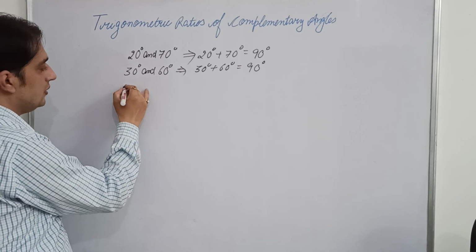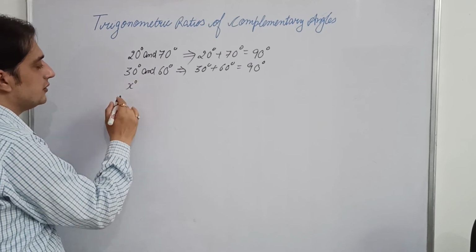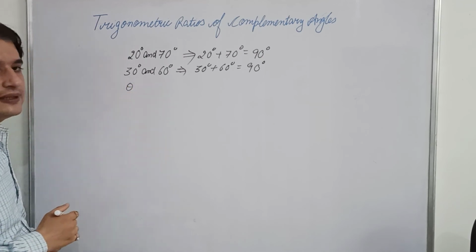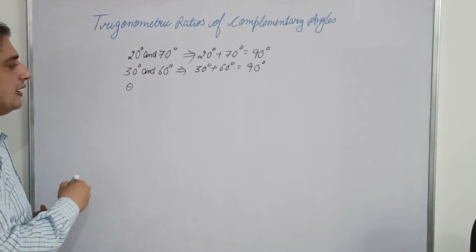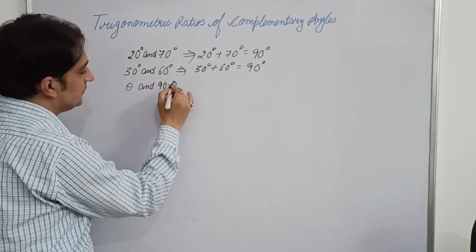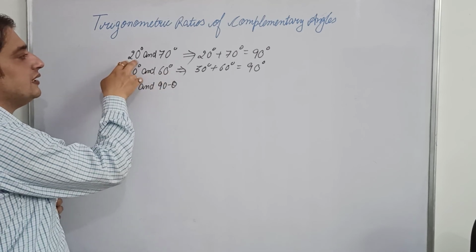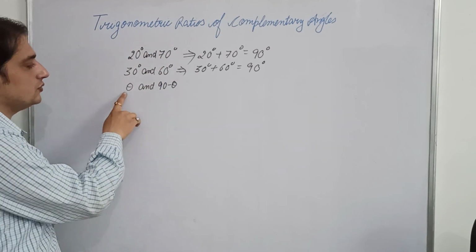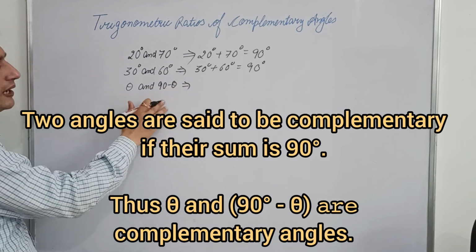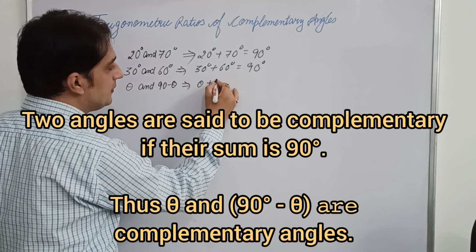If I take any variable, that is x degree, or you can write theta. If I write one angle theta, that is my acute angle, and the other is 90 minus theta, right? 30 degree, 90 minus 30 degree; 20 degree, 90 minus 20 degree. So theta and 90 minus theta, these two angles are also complementary angles.